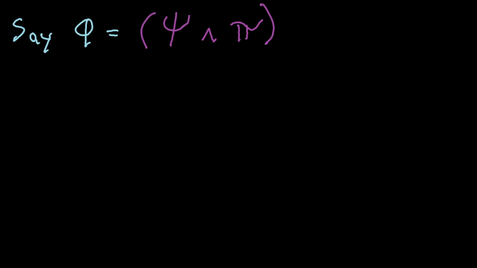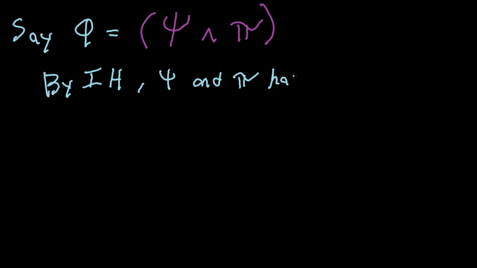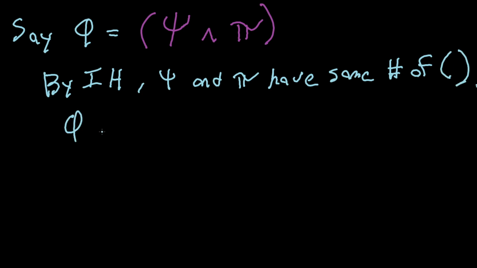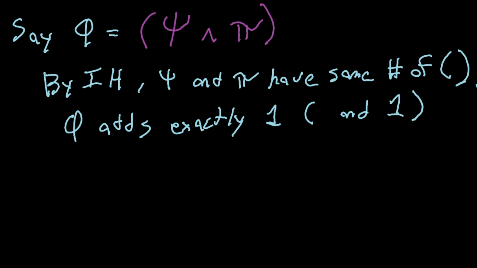Well then, again, by the inductive hypothesis, psi and pi have the same number of open and closed parentheses. And of course, phi adds exactly one open parenthesis and one closed parenthesis.